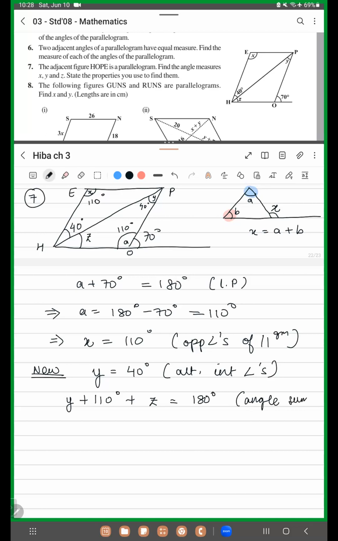No, Y plus 110 gives 180 because adjacent angles are supplementary. These two are adjacent angles of the parallelogram. But Y is not this entire thing. Y is only this small part over here. Getting it?